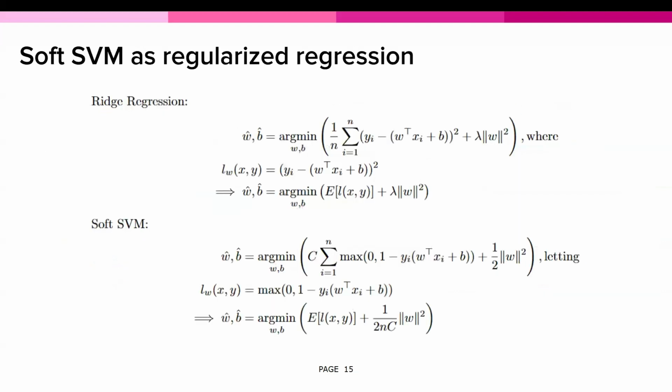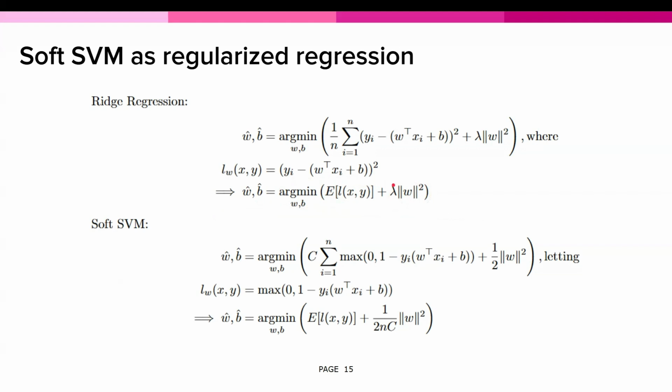We can actually draw a parallel between ridge regression and the soft margin SVM. Recall ridge regression that we covered a few weeks ago. The objective is to minimize the mean squared error of the model predictions, and we combine this with a regularization term that penalizes the norm of the weight vector.